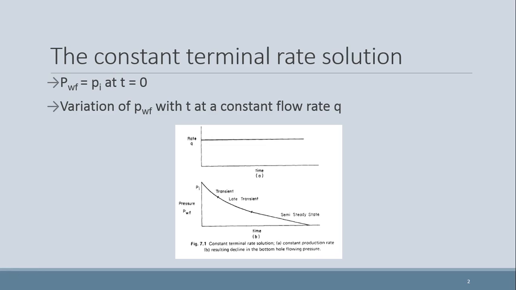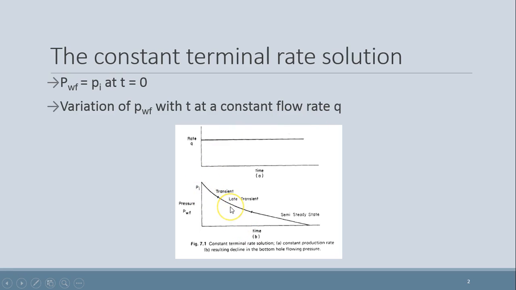Basically, in this session we will be considering a reservoir with closed, no-flow boundaries. In such a reservoir, when the production rate is changed at the wellbore, first the reservoir is in transient state, which means the pressure disturbance is traveling through the reservoir. Before that disturbance reaches the boundary, there is transient state.